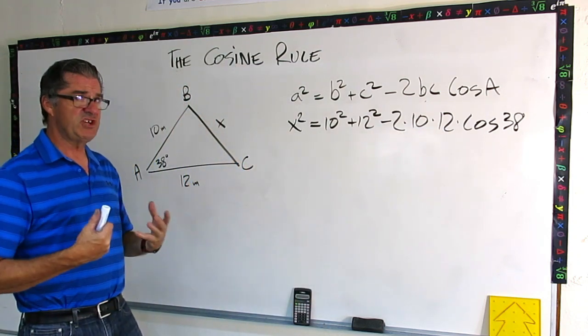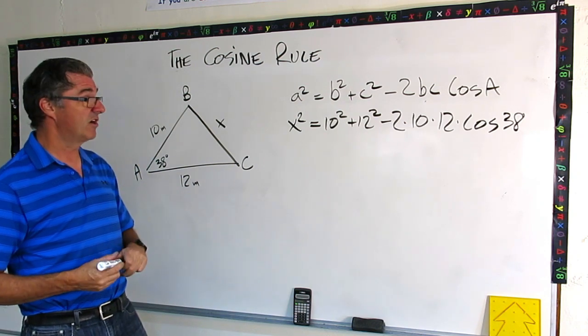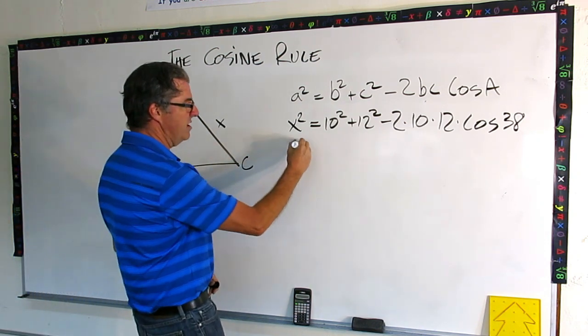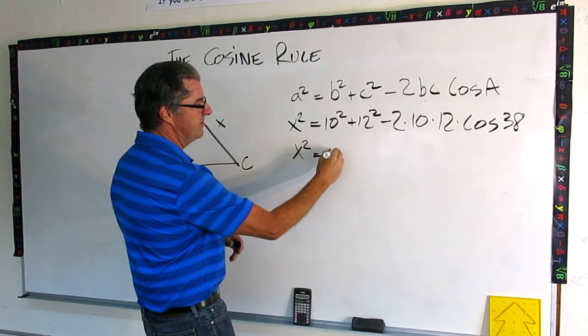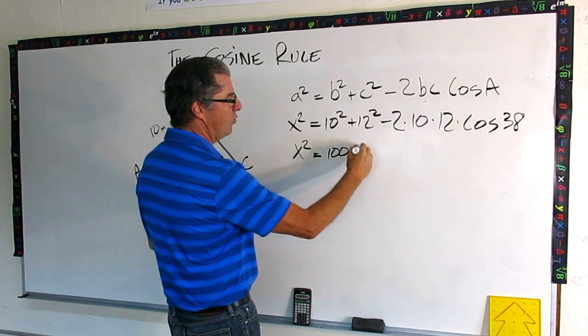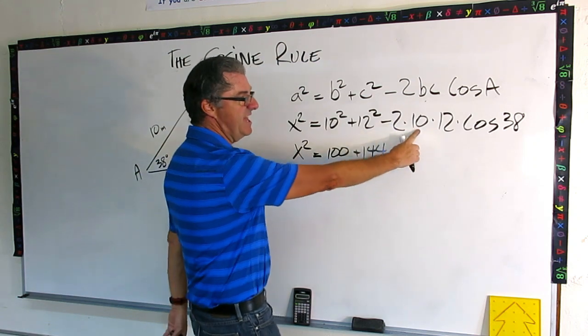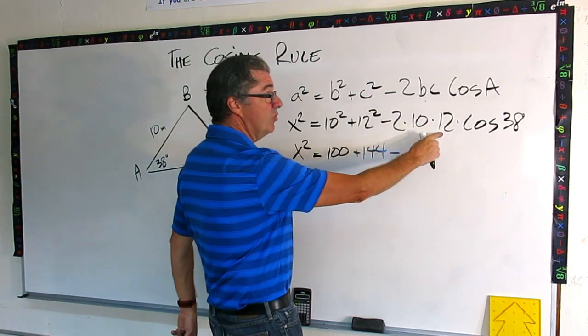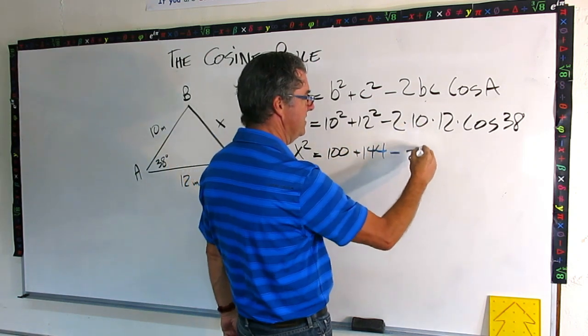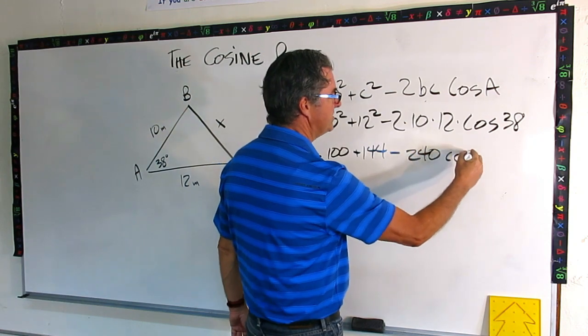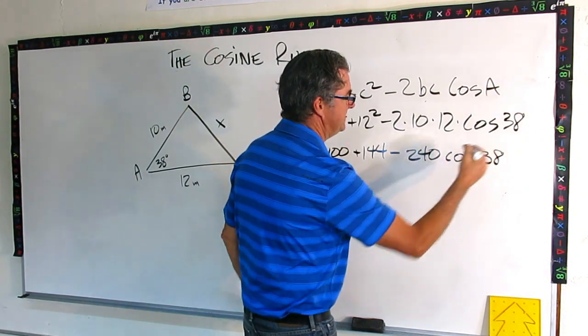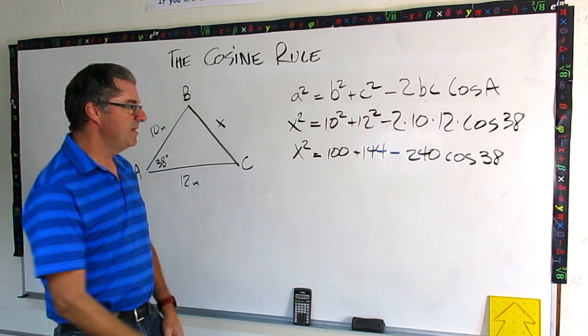Now, we have a bunch of algebra to do to solve for x. Let's bring my x squared down. That's 100, 10 squared is 100, plus 144 minus 2 times 10 is 20, times 12 is 240, cosine 38. So now it's getting a little bit more manageable.